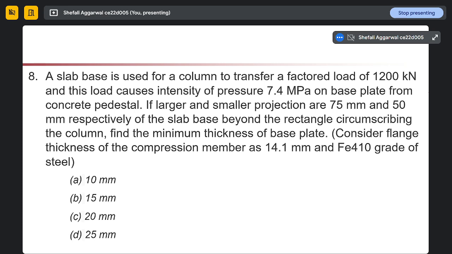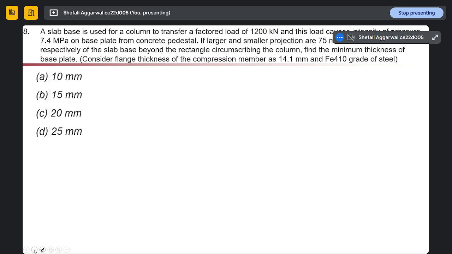If larger and smaller projections are 75 mm and 50 mm respectively of the slab base beyond the rectangle circumscribing the column, find the minimum thickness of the base plate. The flange thickness of the compression member is given as 14.1 mm and grade of steel is 410. So how to solve this type of question?